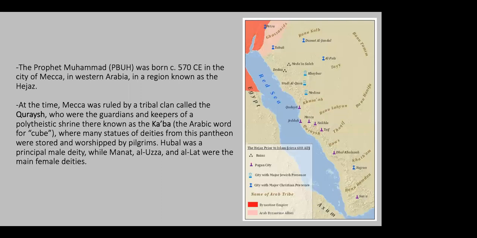Mecca, though, where the Prophet Muhammad was born around 570 CE, was a major node in these networks, as mentioned previously, and was a pilgrimage point for worshippers of a deity named Hubal, the deity that the local tribe, the Quraysh, considered to be the greatest, and the sole deity whose statue was placed inside the Kaaba, for whom rituals would be performed.